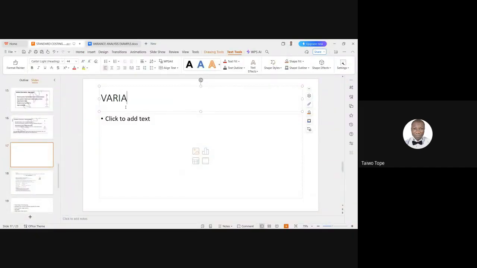Variance. So this variance, let's pick it gradually. Variance is what? Standard less actual.